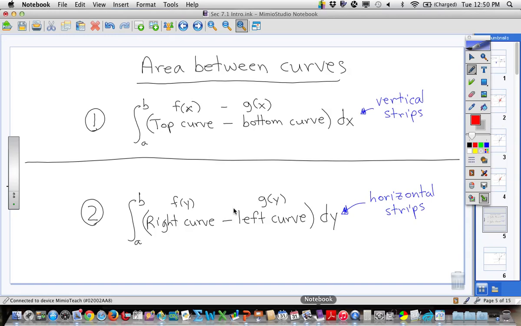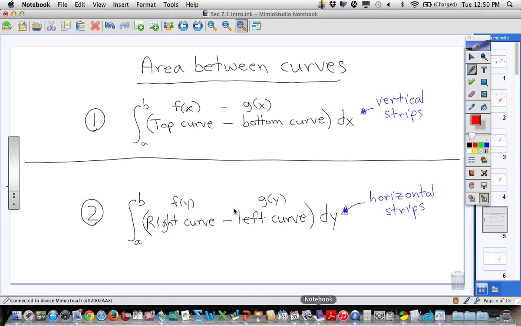The y is the f of x, or the g of x, right? So we're going to have two different functions, and we're going to do the area between them. And we're going to subtract the functions, because by subtracting the functions, you're subtracting their y values. Because that's what f of x is, the output. It's the y value. That's what g of x is. It's the y value. Okay?